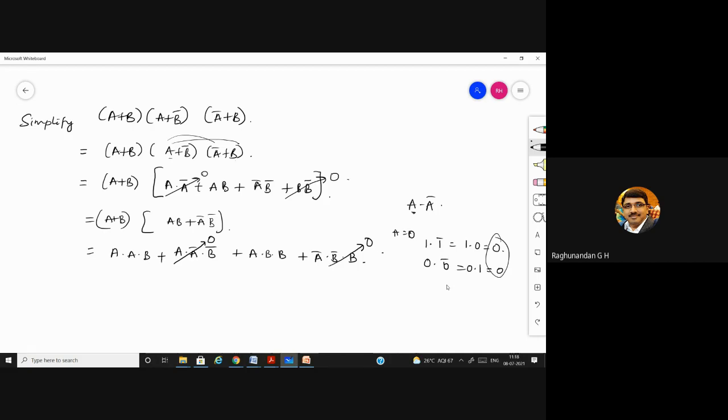And what is A into A? A. B into B is B. So this becomes AB plus AB. Again it is in the form of A plus A. What is A plus A? A. So it will be AB. See, this complex equation is reduced into the simplest form.